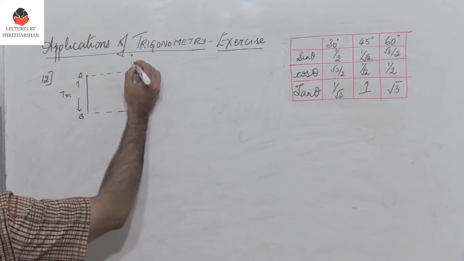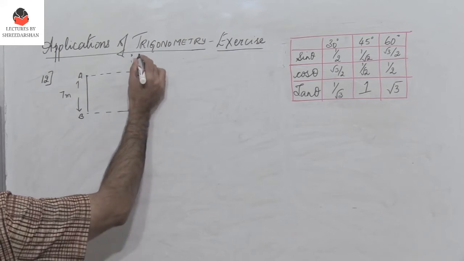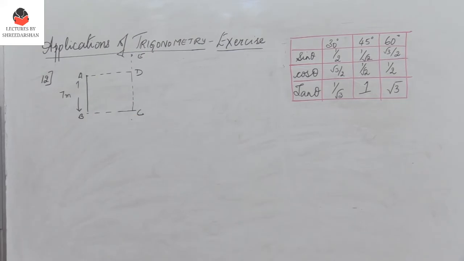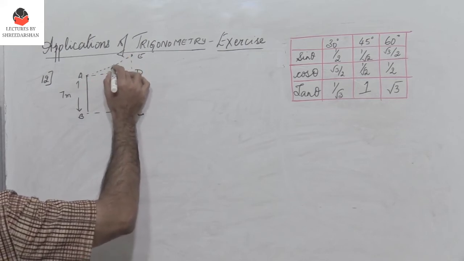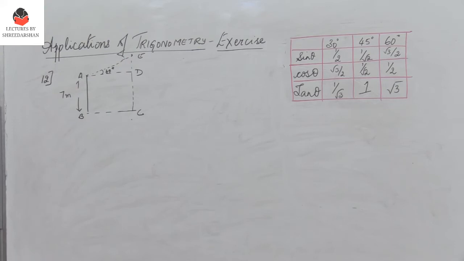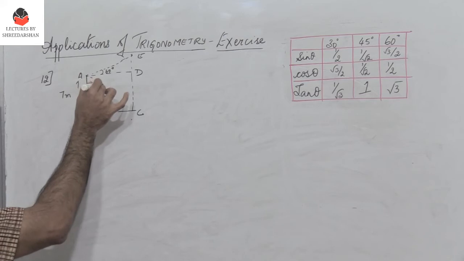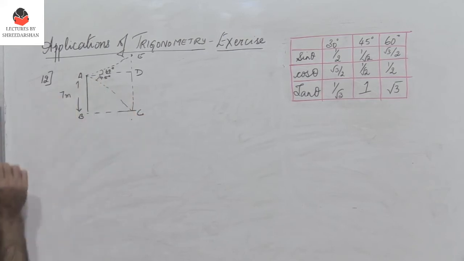Let this be A, B, C, and let this point be D and E. So CE is the tower. From the top of the building, the angle of elevation is 60 degrees, and the angle of depression to its foot is 45 degrees. So we need to find the height of the tower.